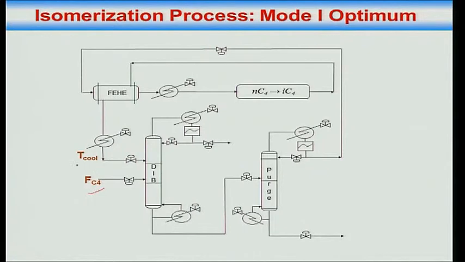So the temperature at the outlet of the cooler is essentially fixed. So we'll say that these two things are fixed. FC4, the processing rate, is given, and how much I need to cool down so that everything condenses is also fixed by the vapor liquid equilibrium. Yes or no? So T cool is fixed, FC4 is fixed.